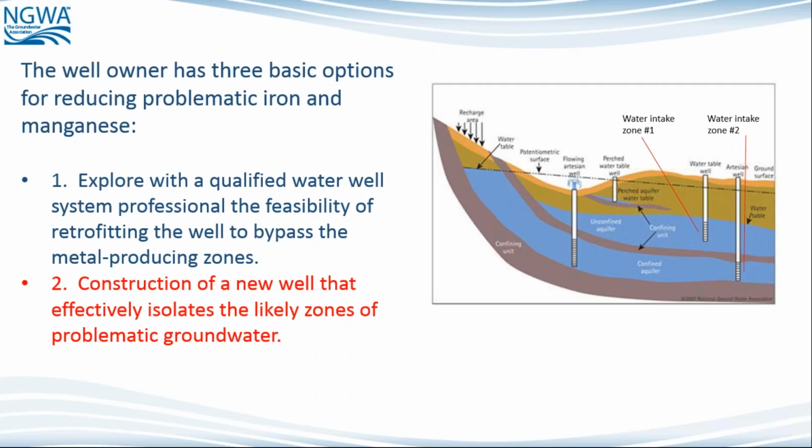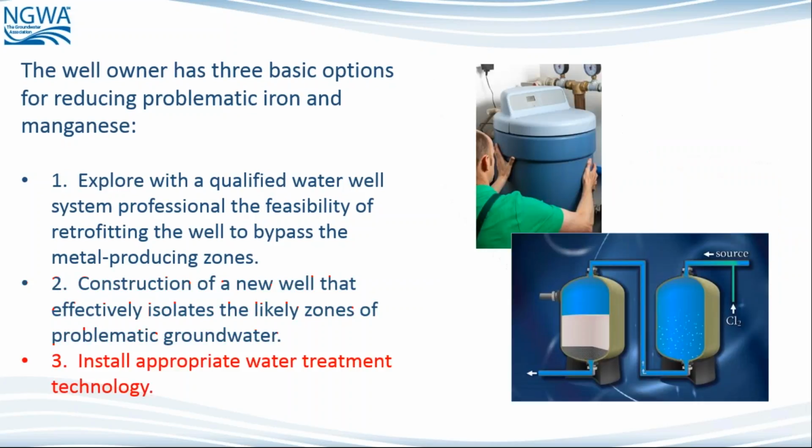So it's pretty unique when we look at the subsurface geology and hydrology of the well system, where we could either blank off if it's an existing well or design and construct around it if it's a new well. So those are two applications that we could look to for resolving iron and manganese in our water.